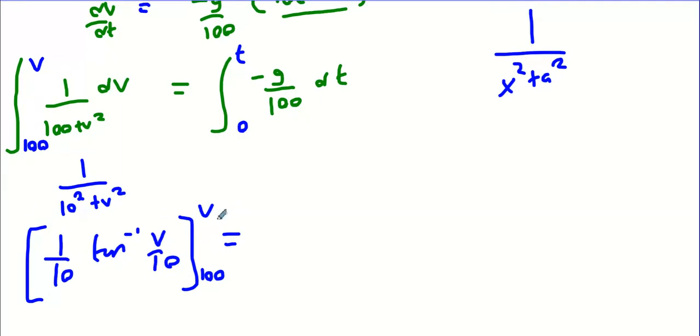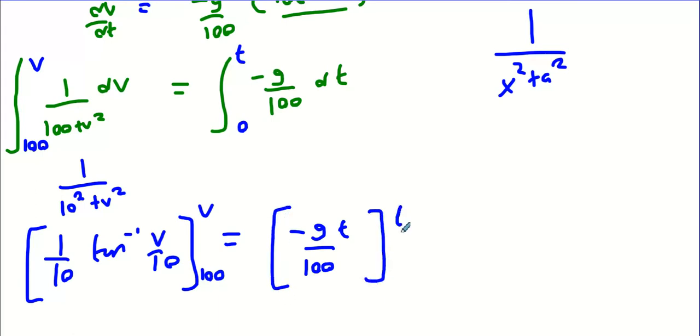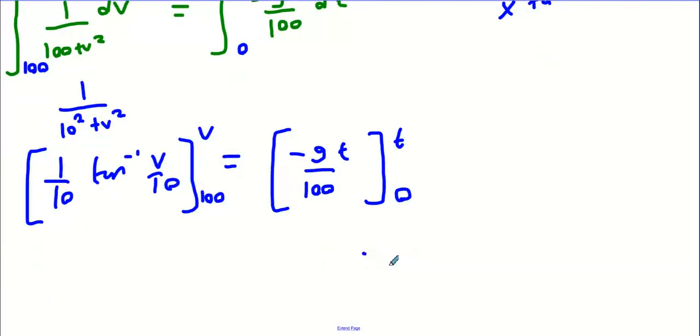Okay, I might slot in the v equals 0 now because it might just make my life really easy. Good to have some of the workings done. And then we're going to have minus g over 100 t, because it's just a variable. This variable is basically a constant, and then you just got to knock in the t beside it. Okay, and that's from t to 0. Now, when we multiply this out, this is going to be minus gt over 100.